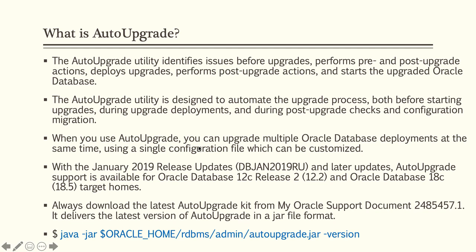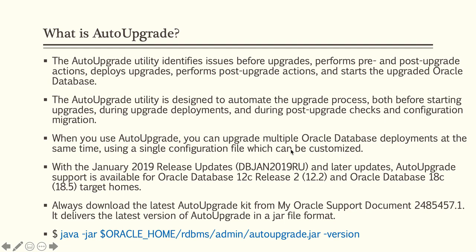When you use AutoUpgrade, you can configure or upgrade multiple Oracle database deployments all at the same time, and that too using a single simple text configuration file made up of a lot of parameters, which you are allowed to customize. Things will be clear once I go to the configuration file section.